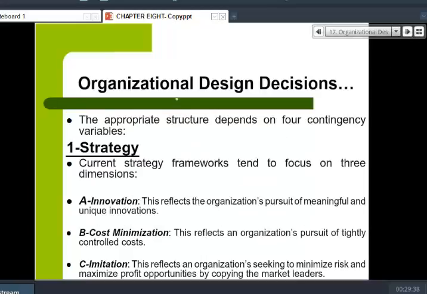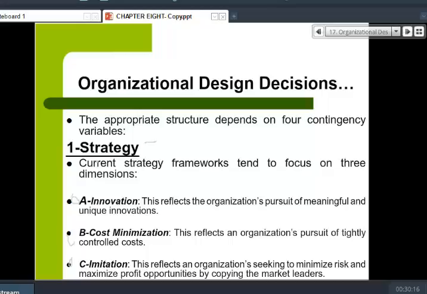So the appropriate structure depends on the contingency variables. What are these contingency variables? The best structure for the organization depends on the following. First is the strategy. The current strategy framework tends to focus on three dimensions: innovation, cost minimization, and imitation. Innovation reflects the organization's pursuit of meaningful and unique innovations.